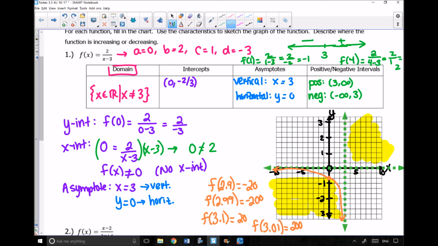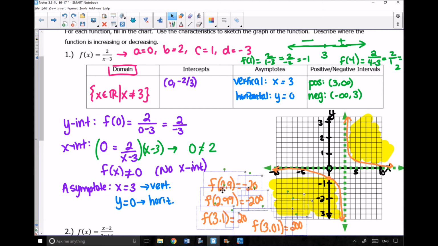Okay, here it's going to be approaching positive infinity from the right side, so my graph will end up looking like this.